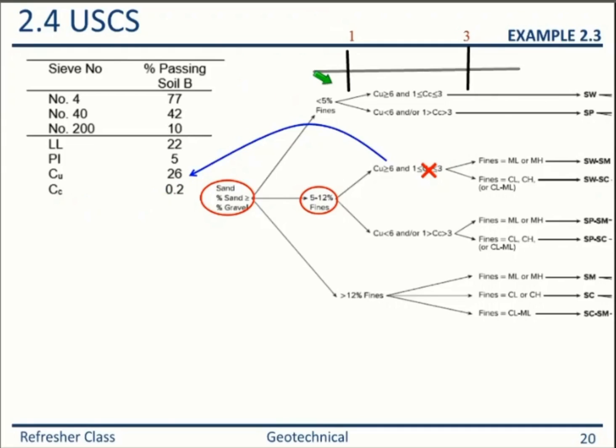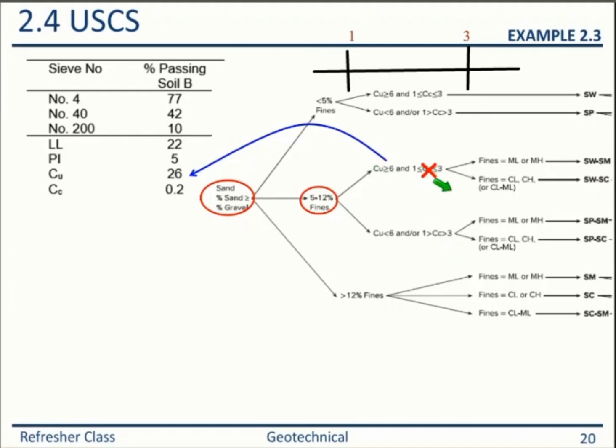So once this is not correct, you have to move down. If you come here, C sub U should be less than 6, but C sub U is 26. This is not correct. But if you remember the mathematical logic, in this case it is either this or this, whereas in the previous case, this and this both had to be correct.